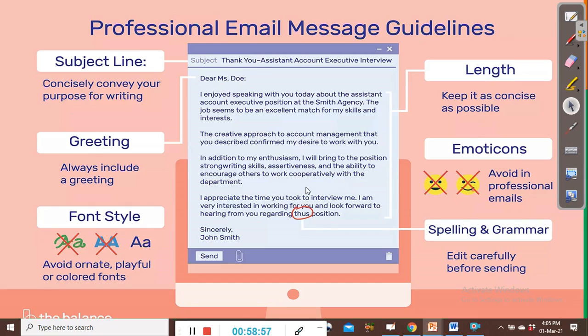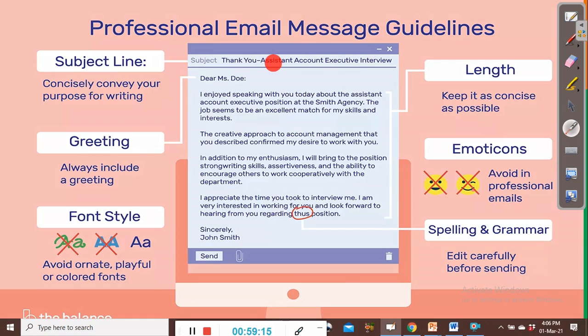Now, finally, let's look at a sample of a professional email and the kind of guidelines that you need to pay attention to. Now, this is the subject line.